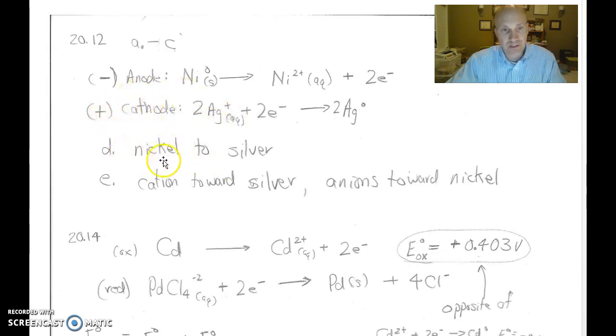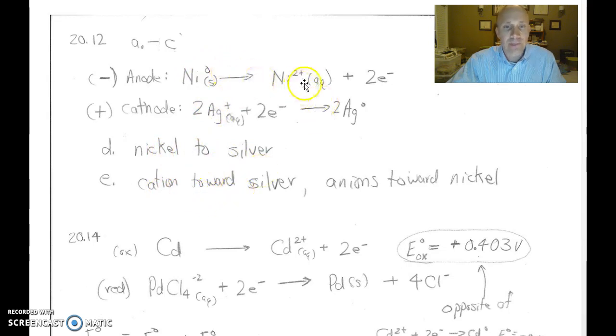All right, which way would the electrons flow? Well, if it's the nickel anode, which is losing electrons, then the electrons are going to flow from that over to the silver. Right, so nickel to silver.